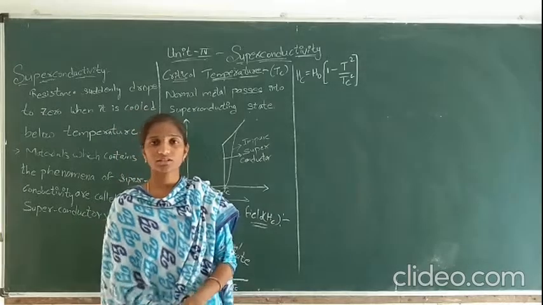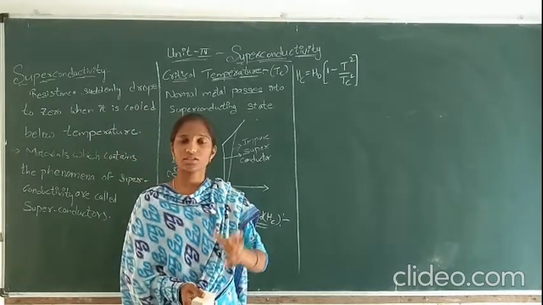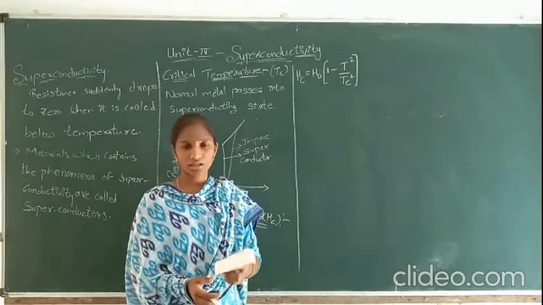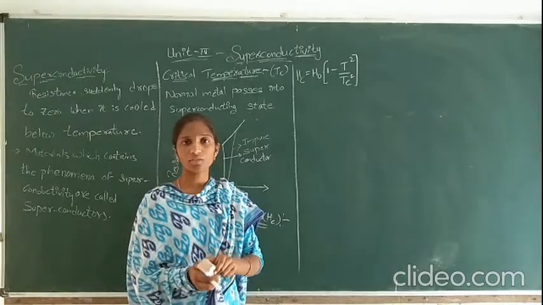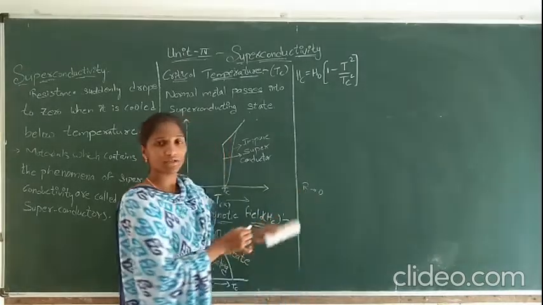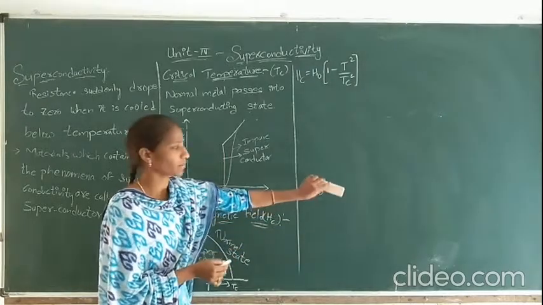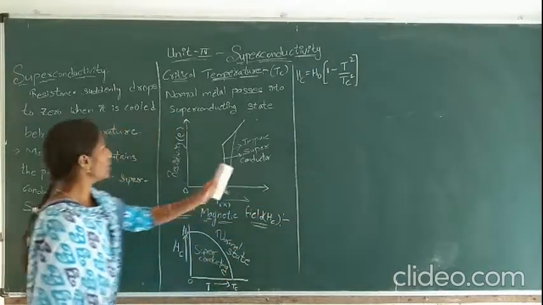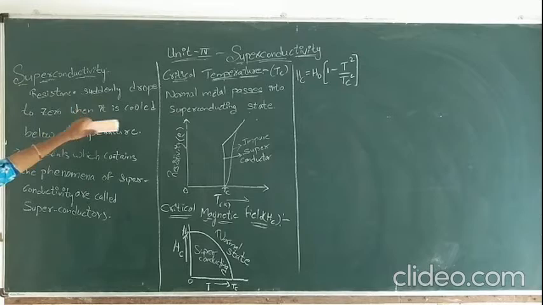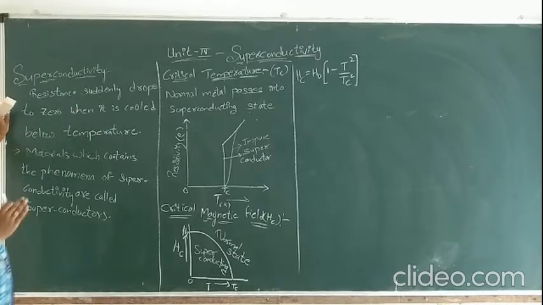Means the electrical resistance of any particular material, any conductor or any metal, suddenly tends to zero when it is cooled below a certain temperature. It is known as the superconductivity phenomenon.